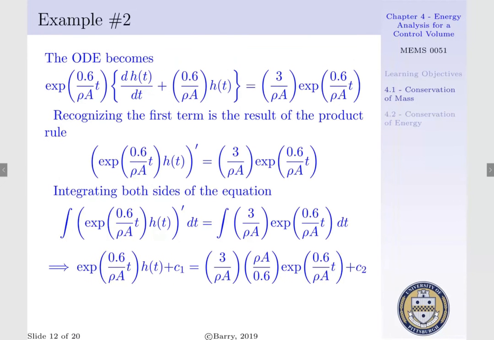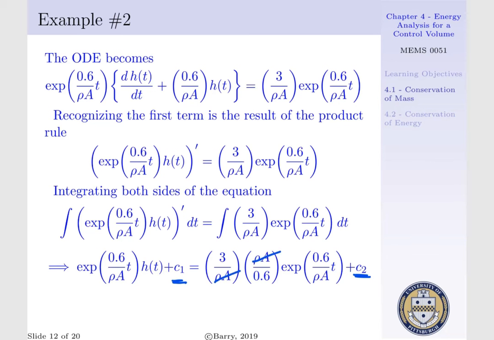Evaluating this integral, it's an indefinite integral, we see that our left-hand side becomes the exponential of 0.6 t per rho A h plus c1, our integration constant. And our right-hand side becomes 3 per rho A per 0.6, the exponential of 0.6 t per rho A plus c2, another constant of integration.